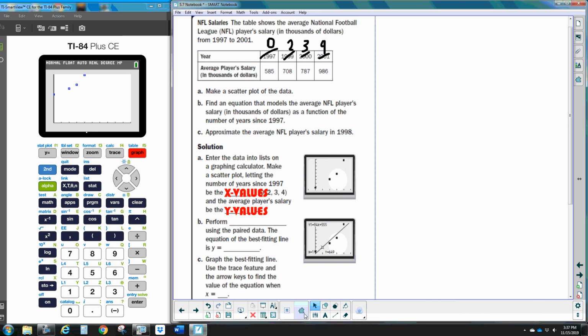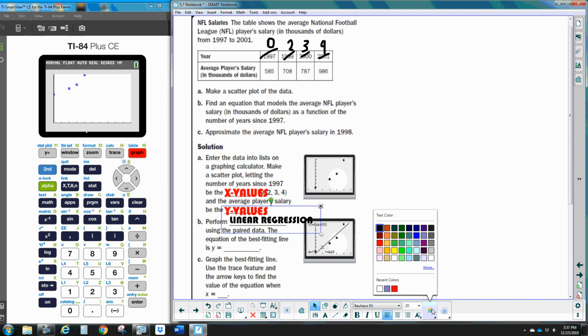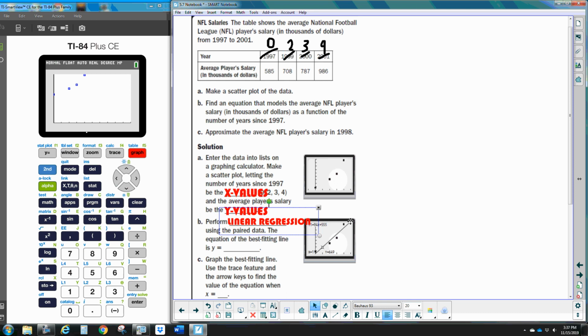Okay, so the next thing I'm going to do is perform a function called linear regression. This linear regression function you can do right on your calculator, and instead of us manually drawing this line in, the calculator is going to do it for us.